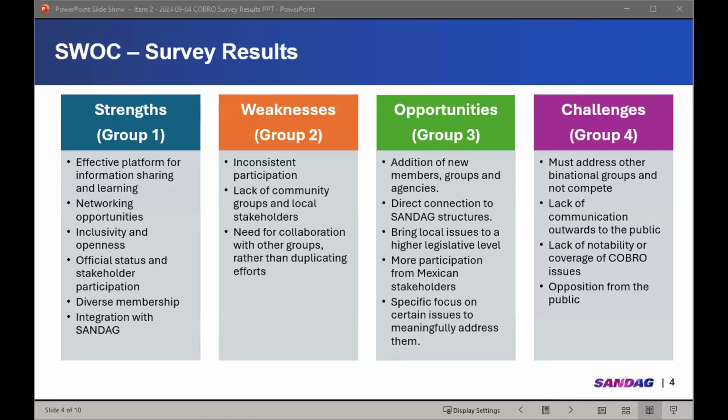The same way the mobility working group feeds up to the transportation committee and other committees. It would be different for COBRO in that it's not Brown Act, and there's a little gap, at least for me mentally, between how it actually pushes along specific policy feedback or input.